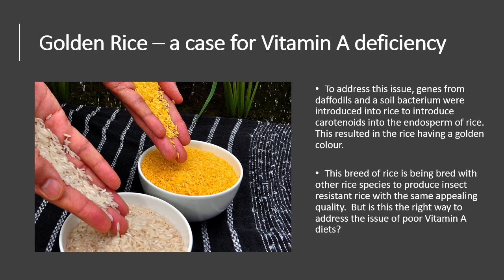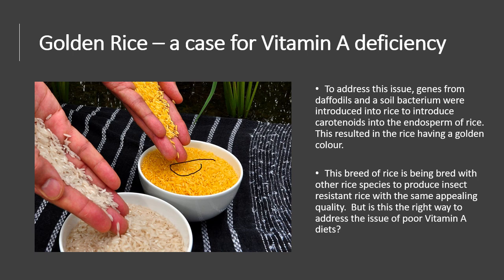Genes have been taken from different plants, from daffodils and also from a soil bacterium, and those genes have been introduced into rice in order to make the rice produce carotenoids in the endosperm. So if you're going to remove the aleurone layer, you can have the carotenoids being produced in the endosperm layer of the rice, so that when people eat it, they can still get vitamin A. And what that has resulted in is this golden rice color that you now see here on the slides.